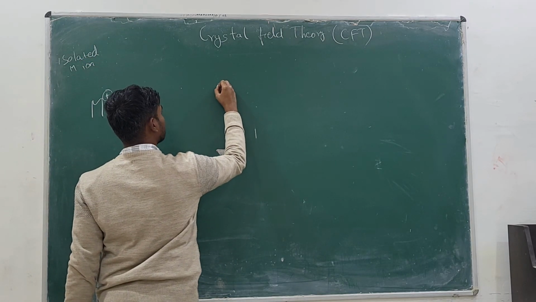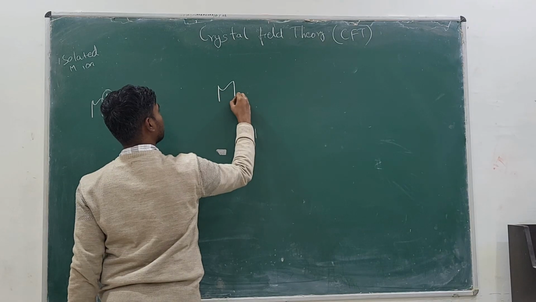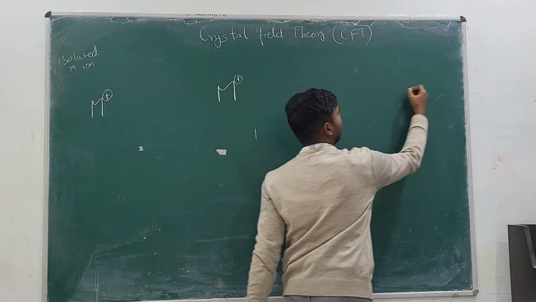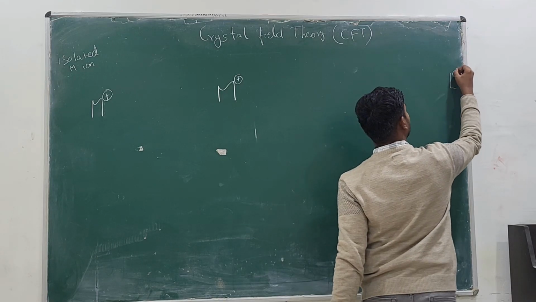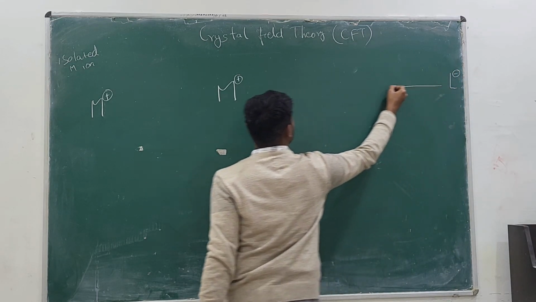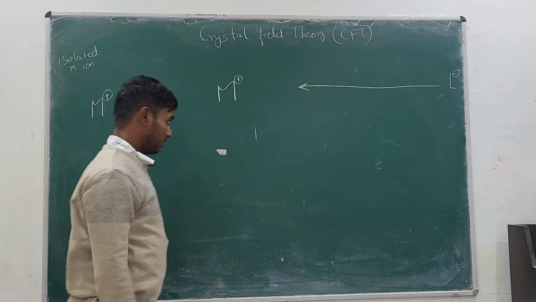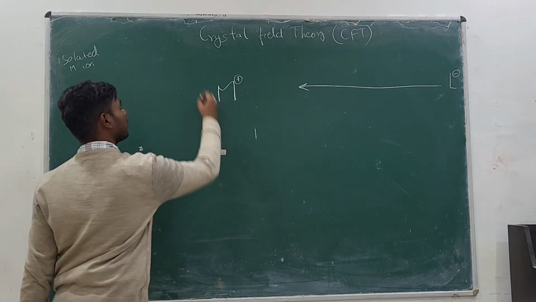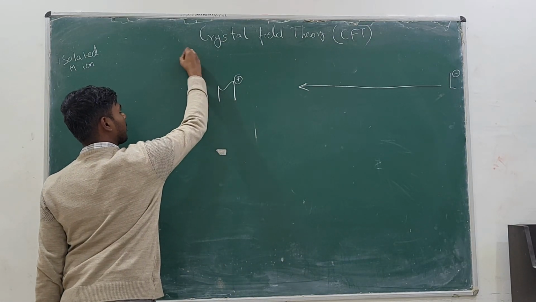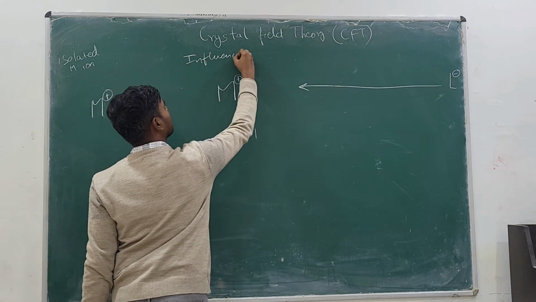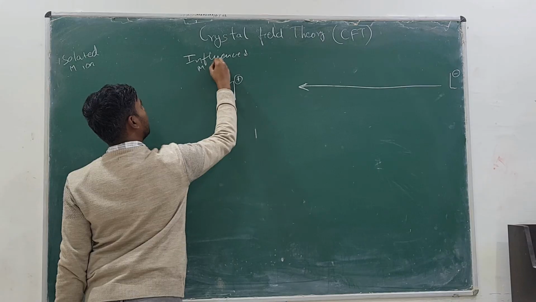Now let's consider the same metal ion in the influence of ligand. This ligand is approaching this metal ion from far away. Let's call this influenced metal ion.